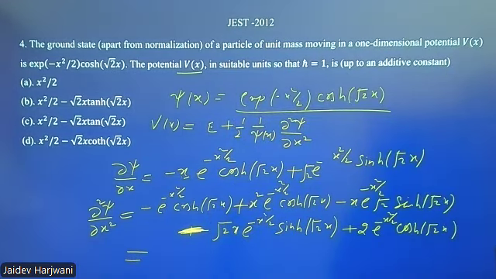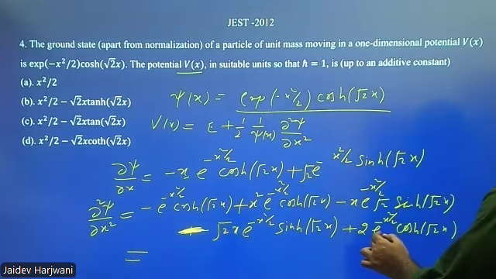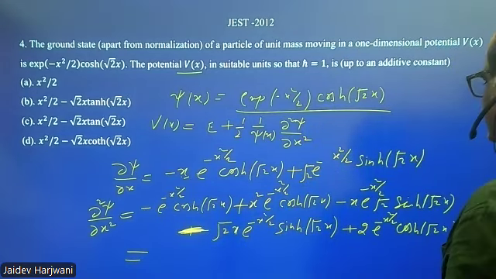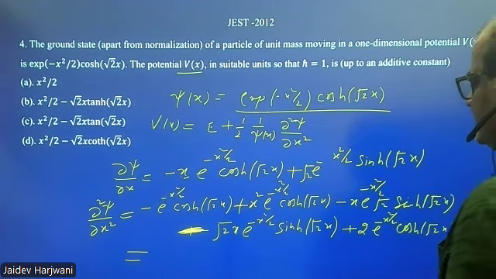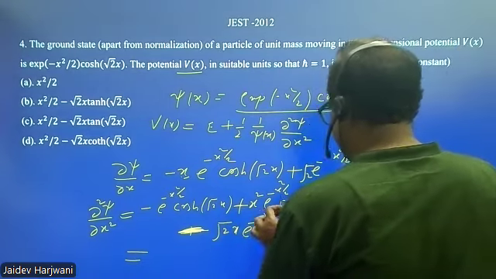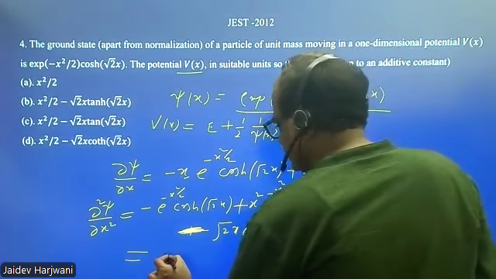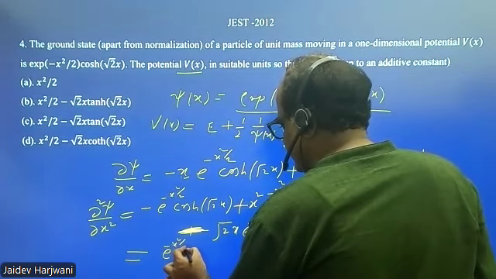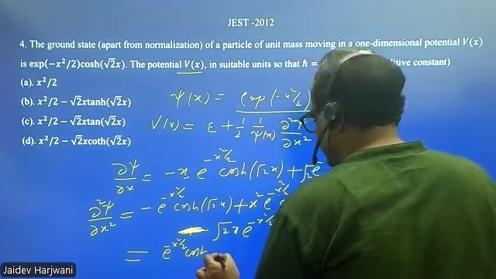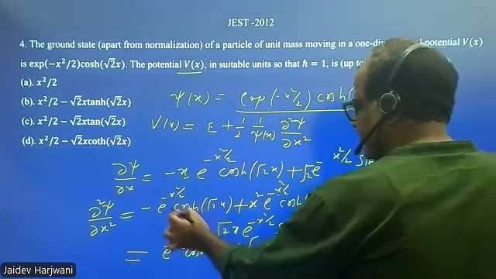So how many cos terms do we have? This is 2 e power minus x square by 2 cos hyperbolic root 2x, and this is only minus 1. So one term will be remaining, and one will be removed out of this. If I take e power minus x square by 2 cos hyperbolic root 2x common, this term already disappeared.